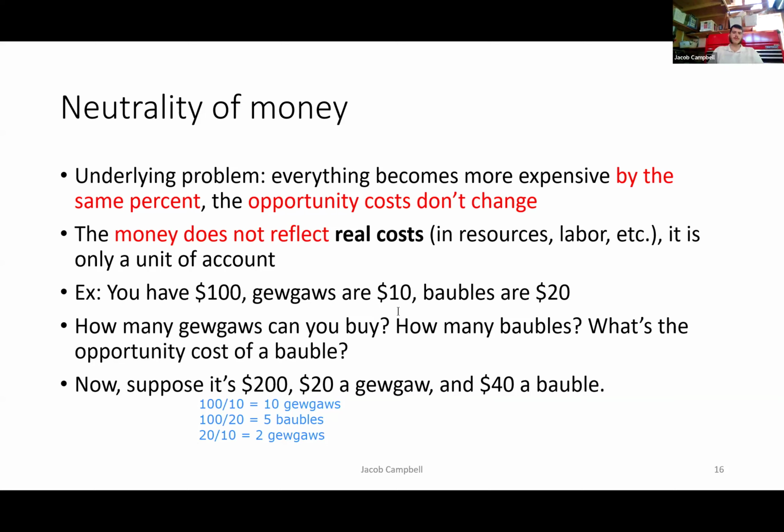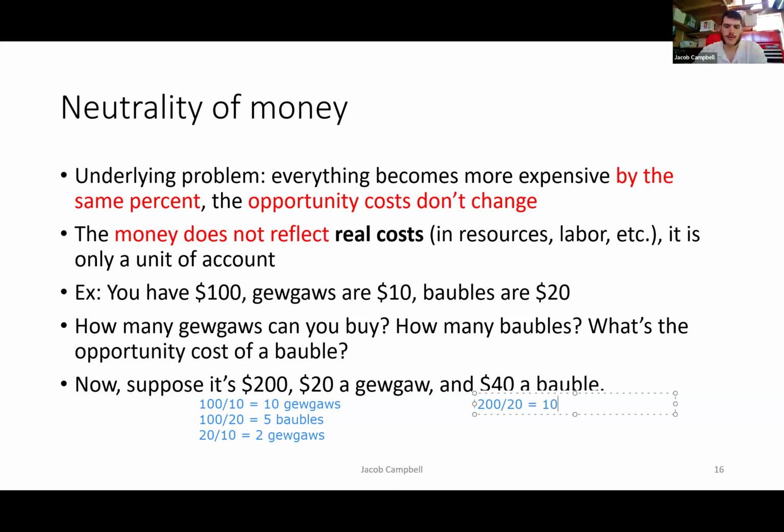Now, let's suppose that the price of everything doubles. The money that was created fully circulates through the economy. And now you have $200 in income. Gewgaws cost $20 and baubles cost $40.